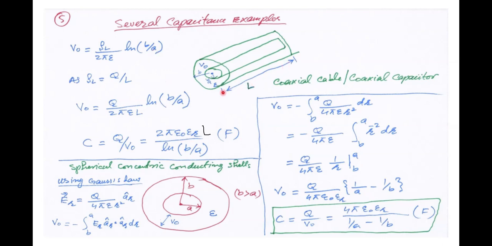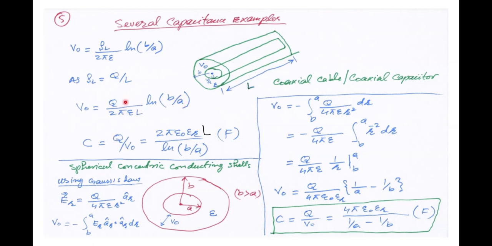Suppose this is a cable of length L. So for length L, the line charge density on the inner conductor is given by Q divided by L. So replace rho L by Q by L in this relation. So V naught becomes equal to Q over 2 pi epsilon L times ln, natural log, b by a.